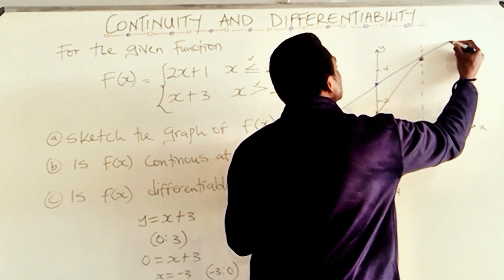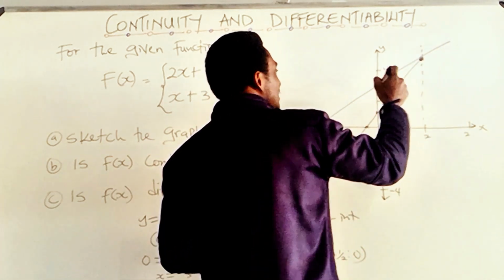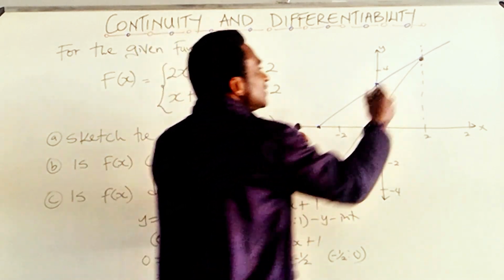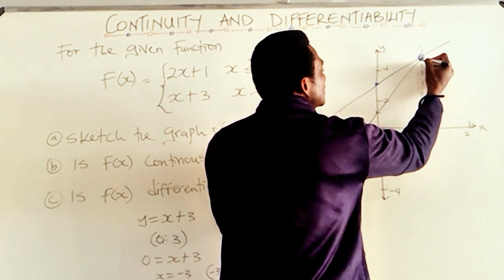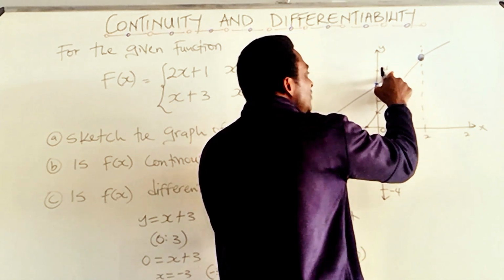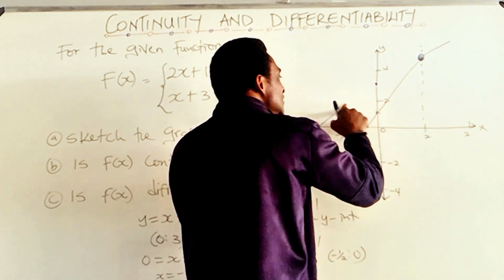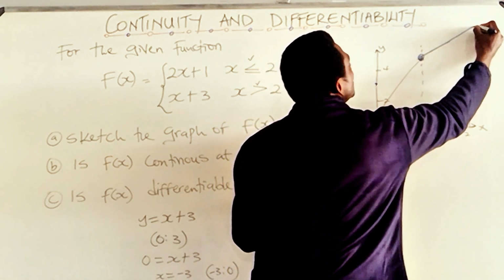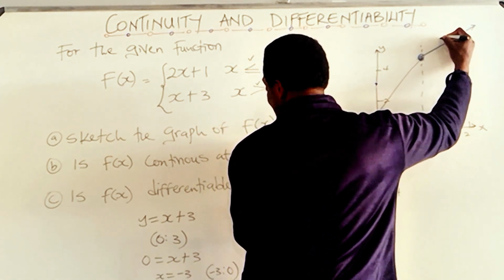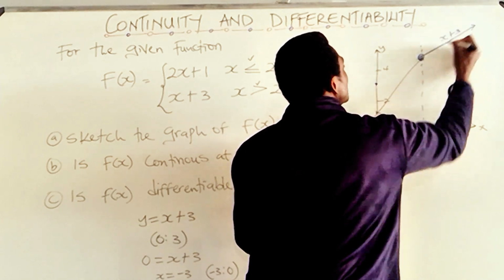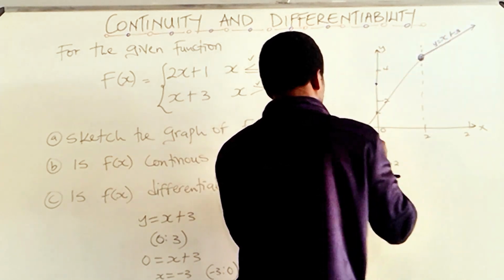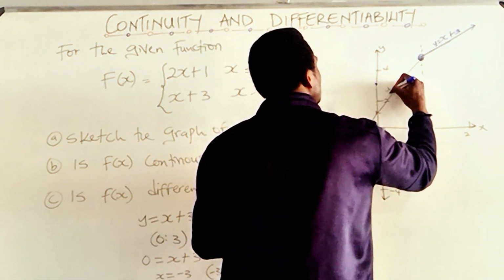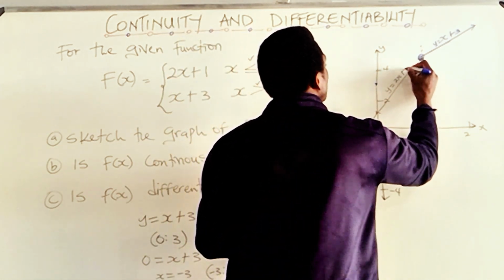So if we sketch this graph, we will see that this graph, for x greater than 2, can only start here. So everything before that condition must not be part of that graph. So we can only have this graph going from there. So this is our graph of x plus 3, and this is our graph of 2x plus 1.